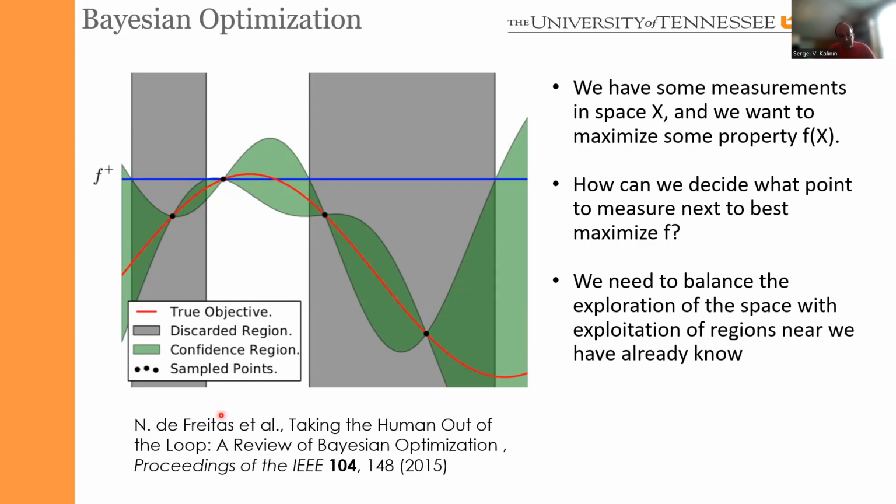So this paper of De Freitas was less than 10 years ago, but it was on the threshold between Gaussian processes being available to a selected few, even in the computer science world, and the moment when it becomes something that we can actually use in everyday experimental sciences. Both me and my colleagues are experimentalists, so we learn and develop these methods as applied to experiments, not from the fundamental viewpoint.